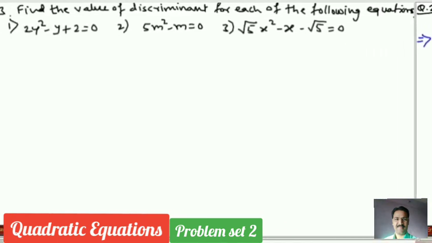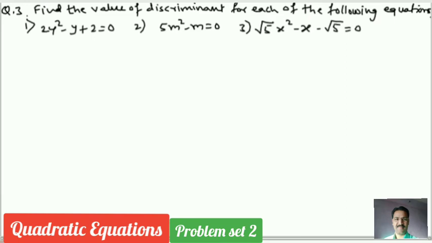See here, okay friends, in the third question, we have to find the value of discriminant. Discriminant means we have to find the value of b square minus 4ac every time. So friends, this is a very simple example, that is 2y square minus y plus 2 is equal to 0.